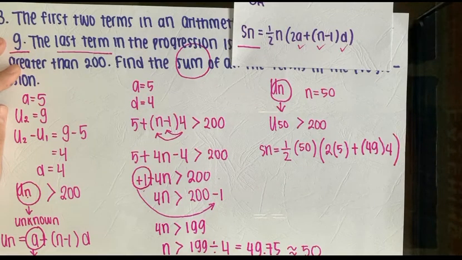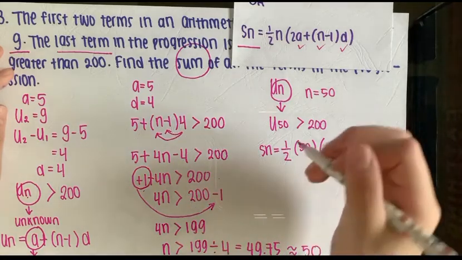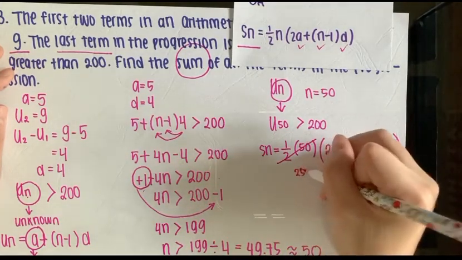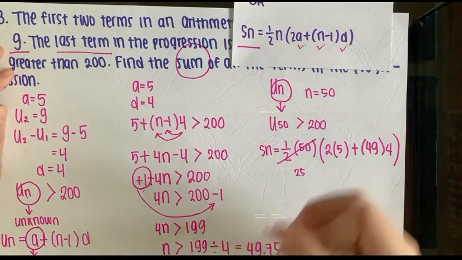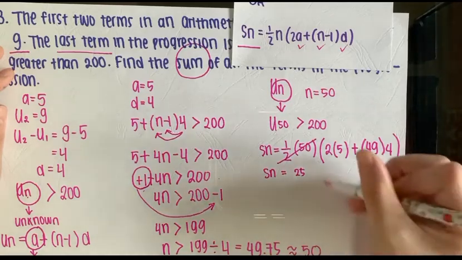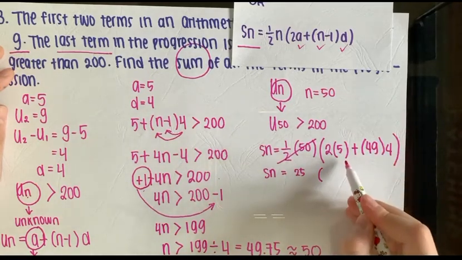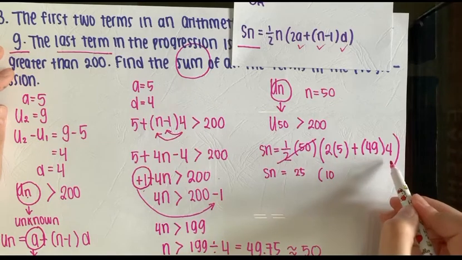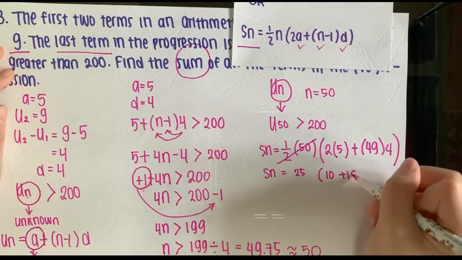Alright, so in this, we can actually simplify it and make it one number. Half of 50 is equal to 25. Inside the bracket, we find that 2 multiplied by 5 is equal to 10, and 49 multiplied by 4 is equal to 196.